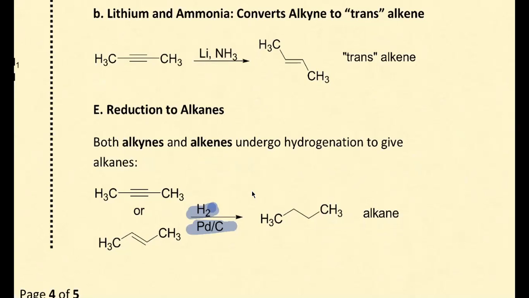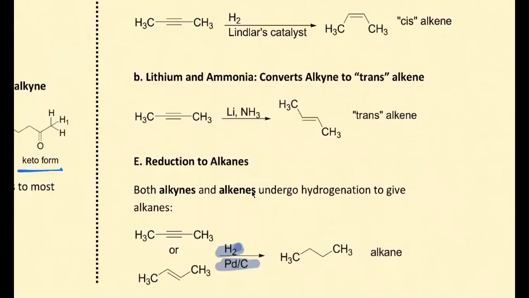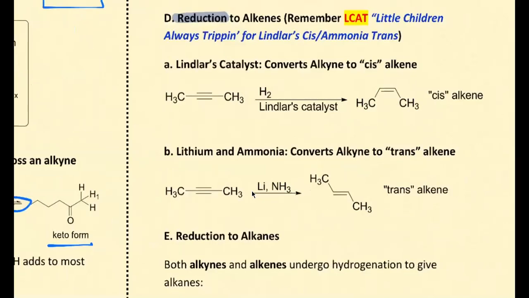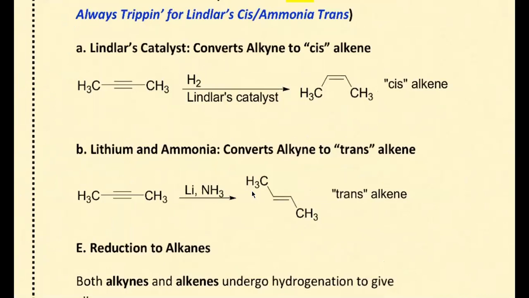But with alkynes, you can also make them either cis or trans, right? You can take an alkyne and convert it into either a cis alkene or a trans alkene. If you want to make it into a cis alkene, cis meaning, again, stuff you should remember from before, that both groups are on the same side, there's a specific catalyst that you use.